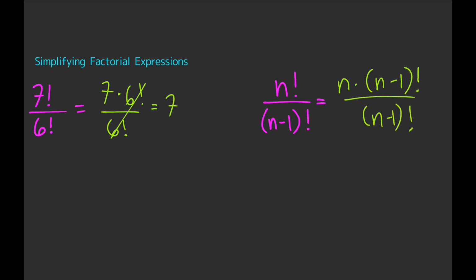The n minus 1 factorial in the numerator and denominator are going to cancel out, and we will be left with n. Again, hopefully you can see the connection, because basically you're doing the same thing, just showing the information using variables.